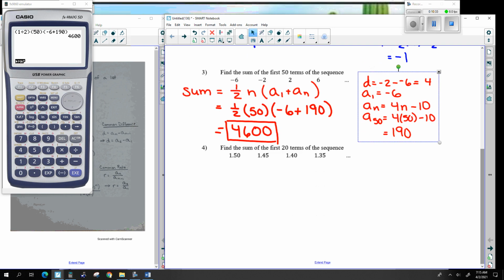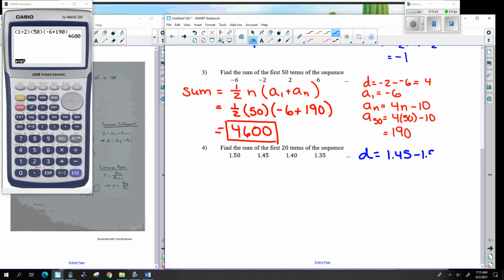All right, next problem, same type of problem, just different numbers. The difference that we're looking at here is 1.45 minus 1.50, negative 0.05.